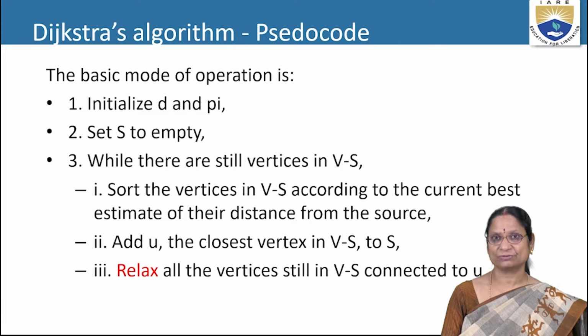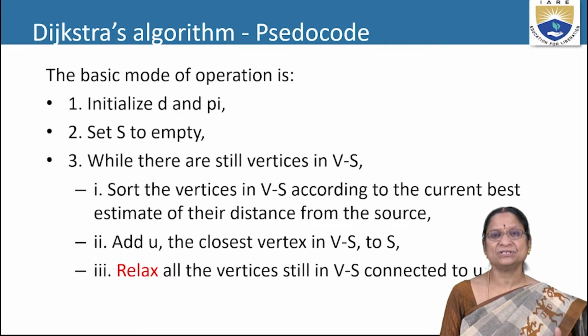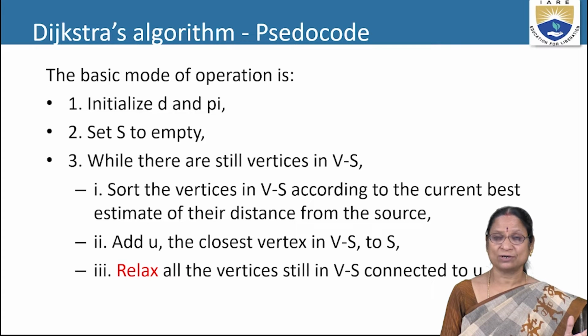What is relaxation? Relaxation means checking whether the estimates we have so far for vertices directly connected from u are the shortest distances, or whether going through u gives a shorter distance.